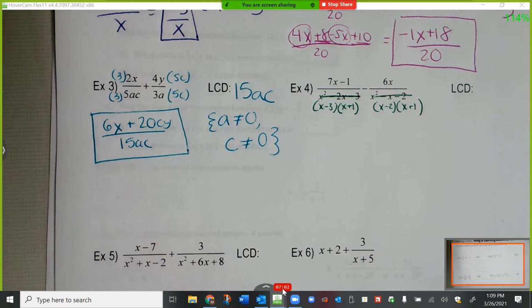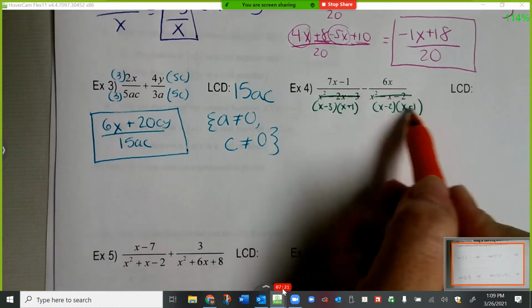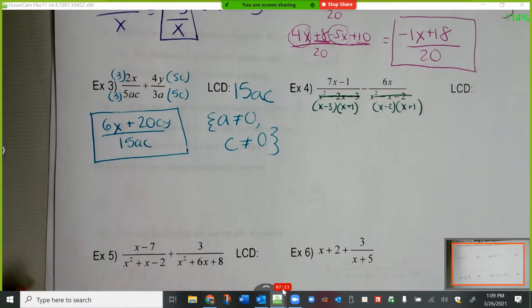So what do you think our least common denominator is going to be? That's part of it. So here's my question. What does this one have that this one doesn't? No, they both have x plus 1.